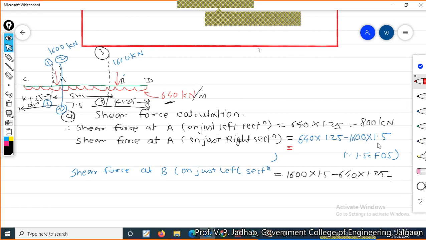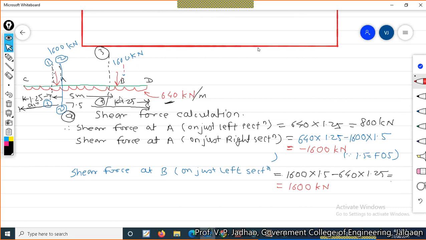So this will be equal to, how much will it come? I think minus 1600. Am I right? It is minus 1600, and here it will be plus 1600 kilonewton. Okay, this will be minus 1600 kilonewton.